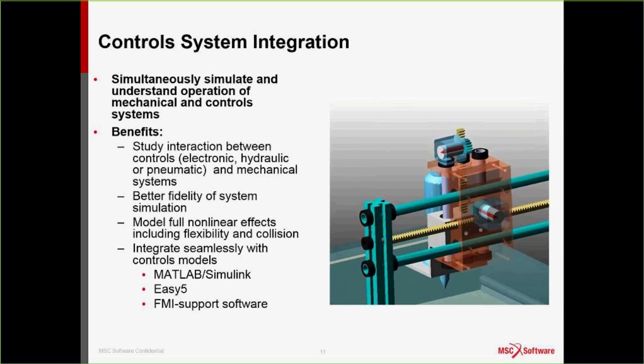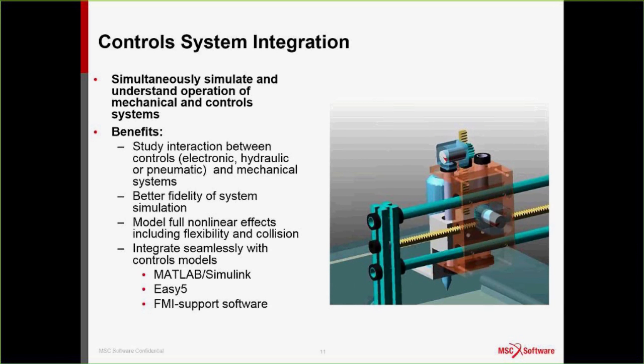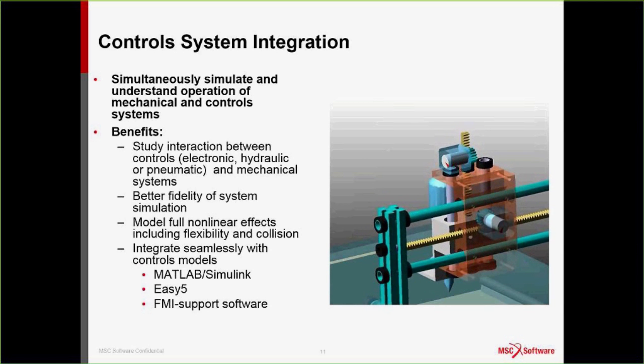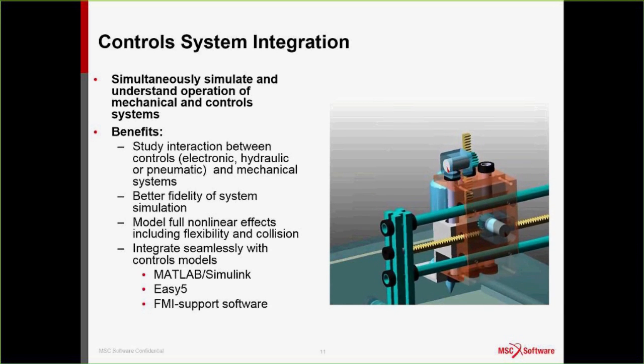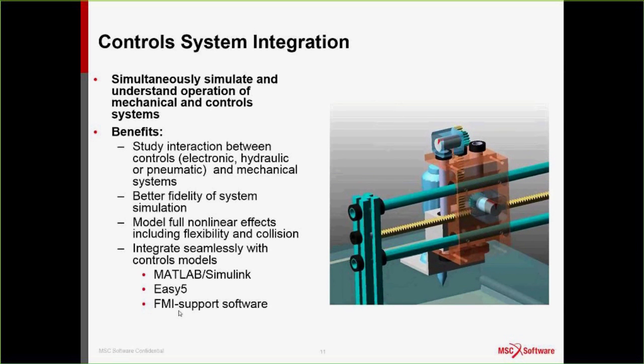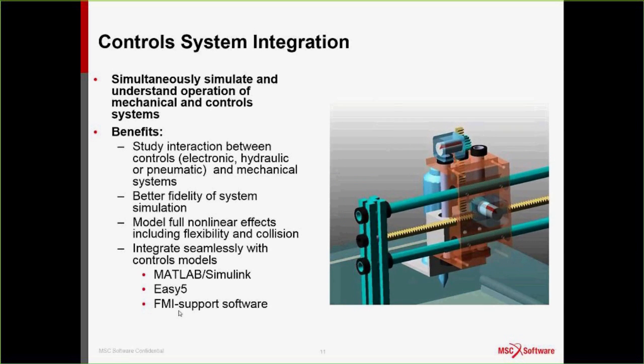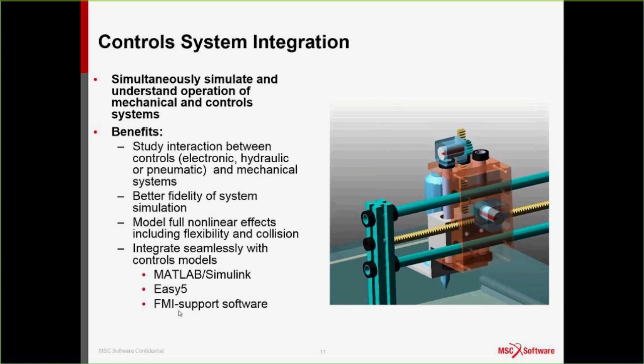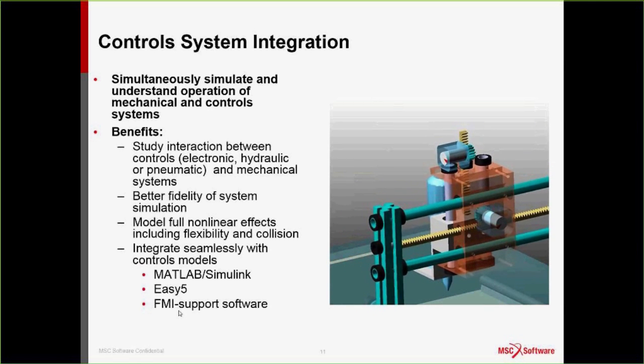It's a common connection standard supported by lots of software. I think more than 30 software packages right now support the FMI standard. So through that portal, if, for example, SimulationX, MapleSim, or those software support FMI, we can co-simulate, or we can couple Adams with that specific software.